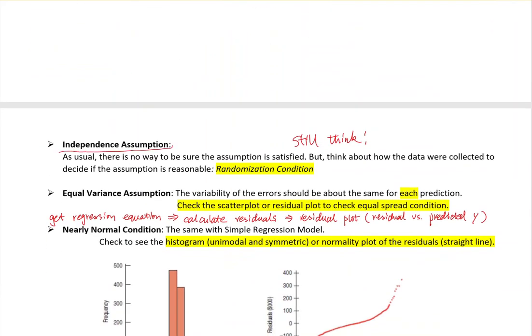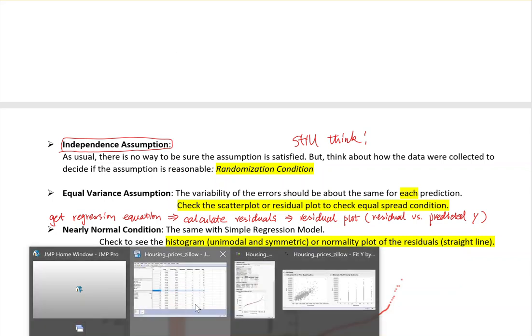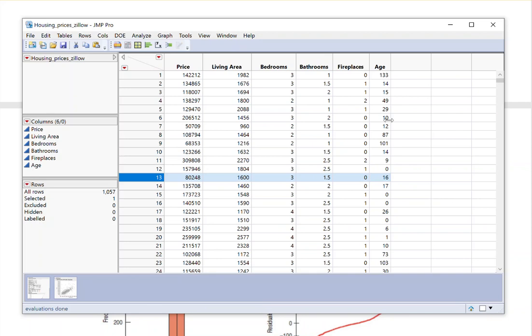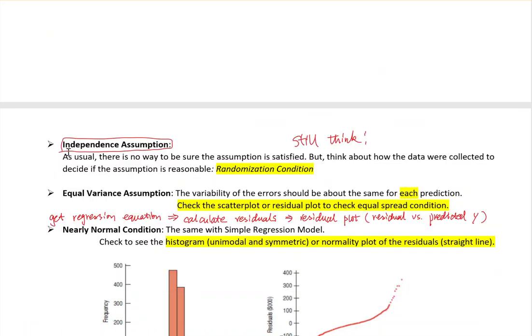For the independence assumption, we still need to think about whether the observations are randomly selected. For example, whether this sample of 1057 houses is randomly selected.